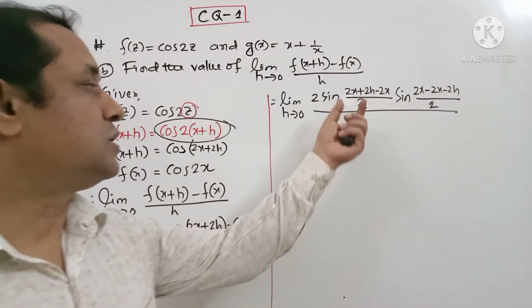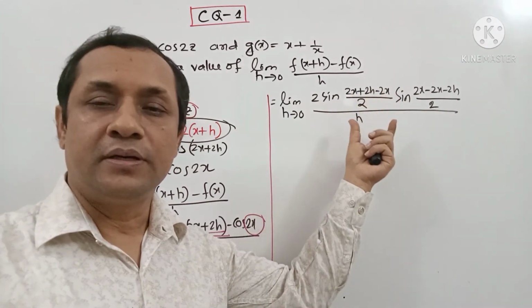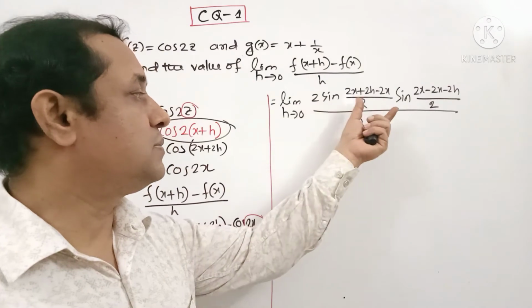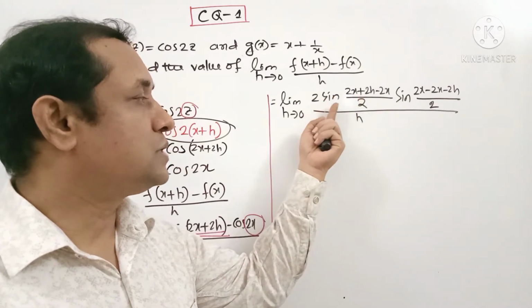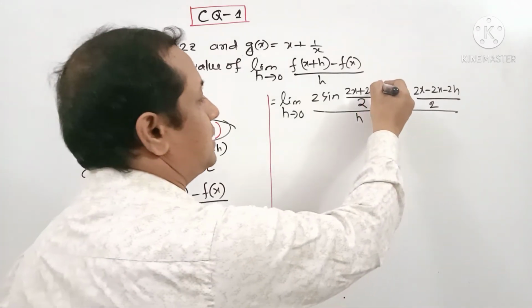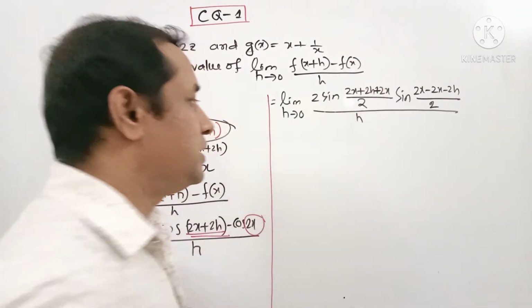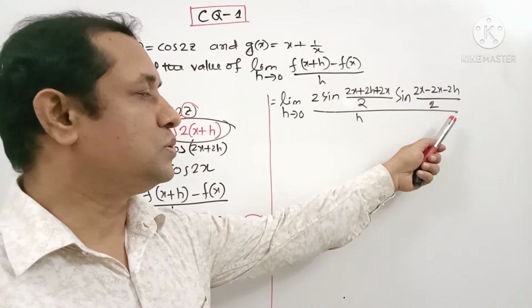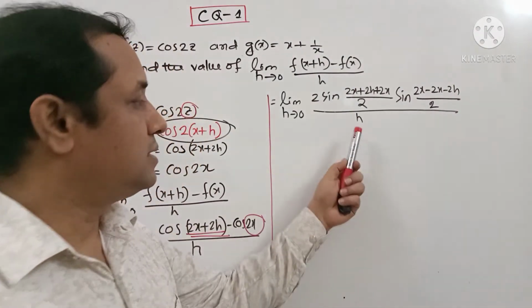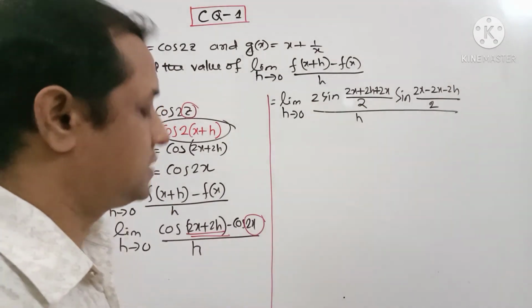So student, attention please, here using the formula cos c minus cos d, we know that cos c minus cos d equals 2 sin((c plus d)/2) into sin((d minus c)/2), and the denominator is h.